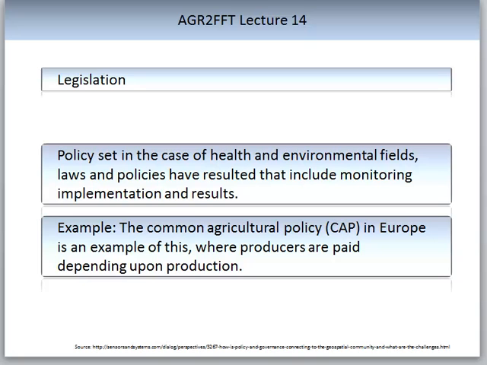Laws and policies have resulted that include monitoring, implementation, and examination of results. An example of such a policy is the Common Agricultural Policy, or CAP for short. This exists in Europe and is an example of where producers are paid depending upon production outcomes.